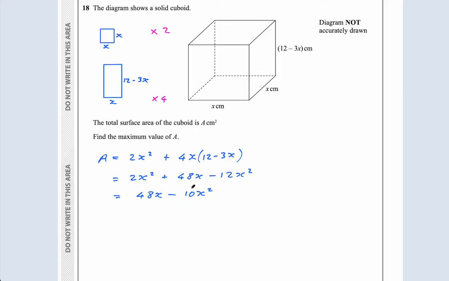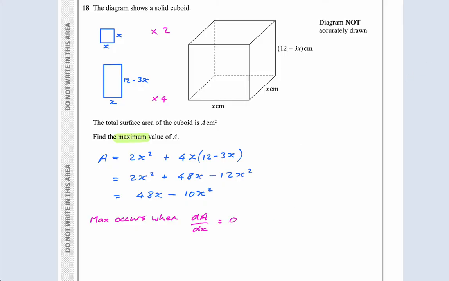Okay, then it says find the maximum value of A. So that's how I knew straight away, guys, it was calculus, because to find the maximum value, or the minimum value for that matter, you have to say the max occurs when dA/dx equals 0.